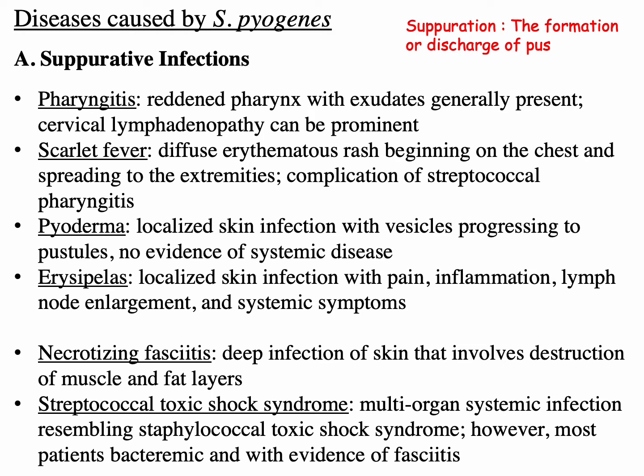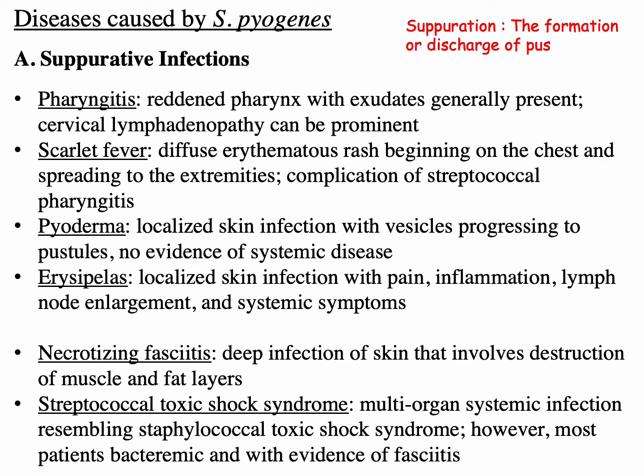So diseases caused by Streptococcus pyogenes, you can group them into suppurative infections and non-suppurative infections. Suppurative came from the word suppuration, meaning the formation or discharge of pus. So one of the features of this infection is that pus is always being produced. You can see the list there.